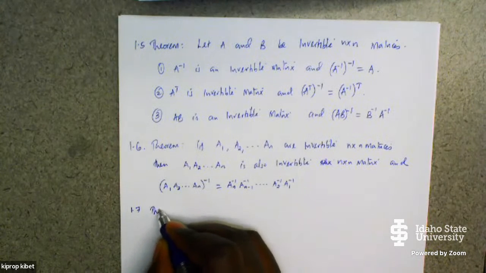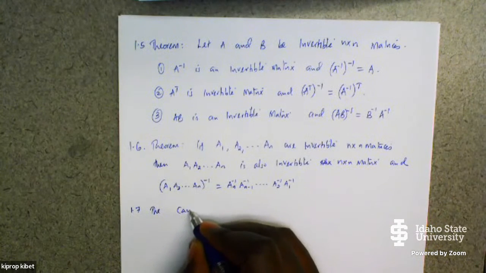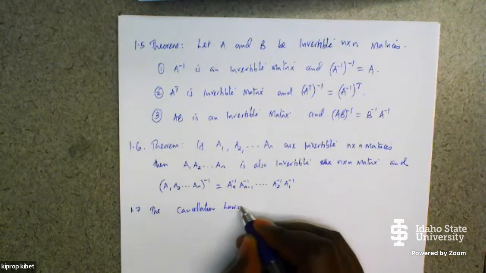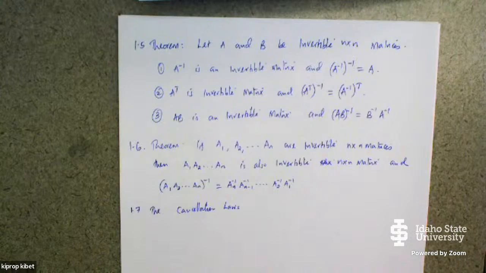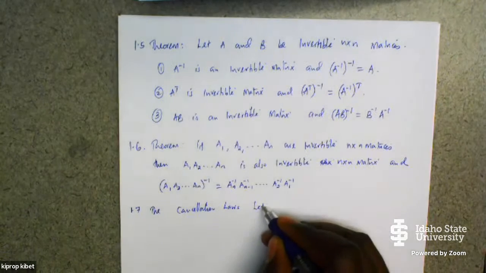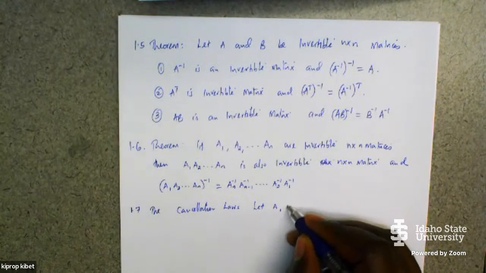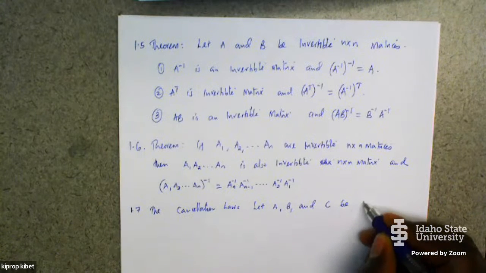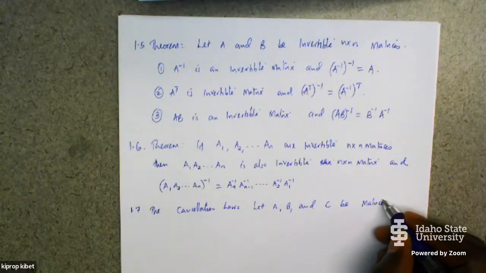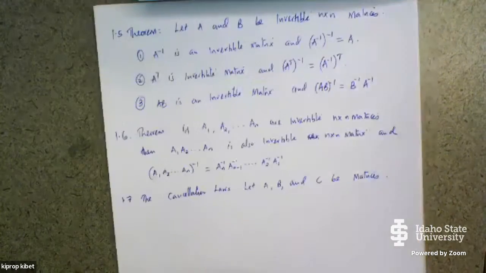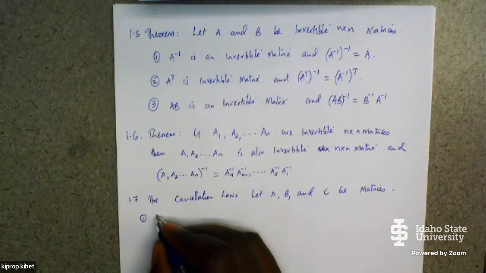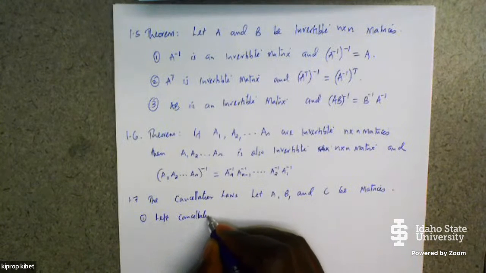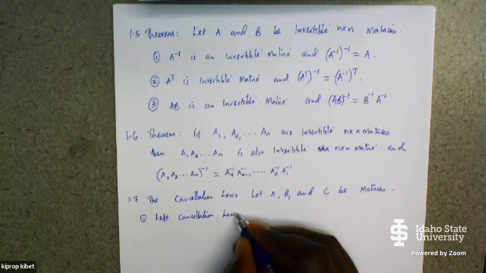1.7, the cancellation laws. If we let A, B, and C be matrices. Number 1, left cancellation law.